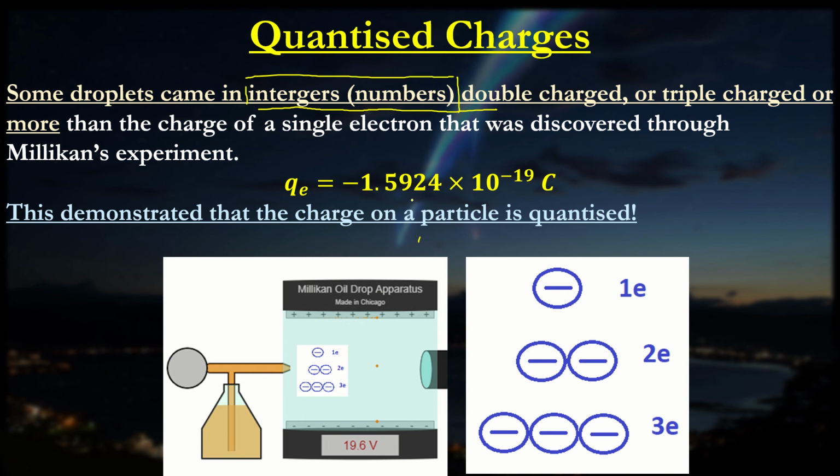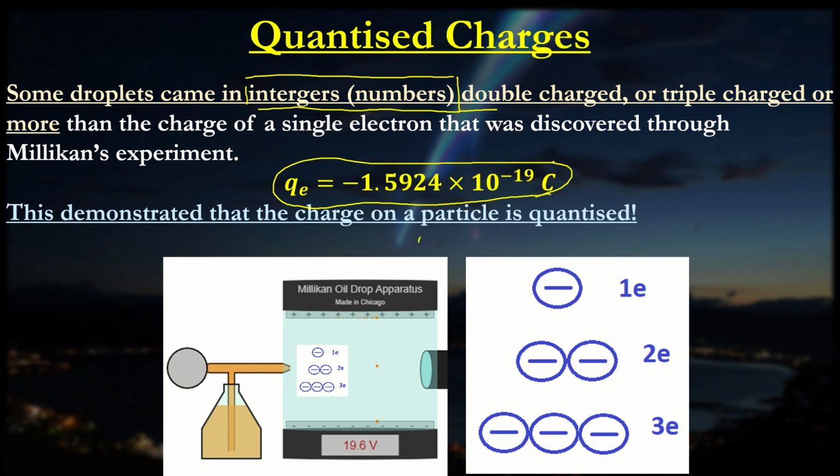So what he found was the fundamental charge, the smallest charge that he could find, was this value here, minus 1.59 times 10 to the power minus 19 coulombs.